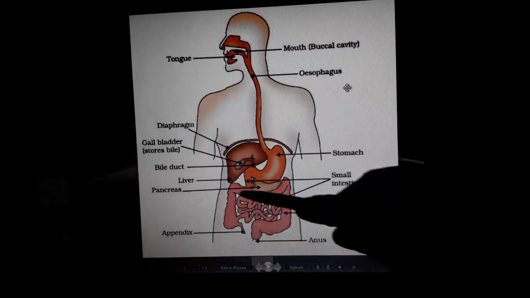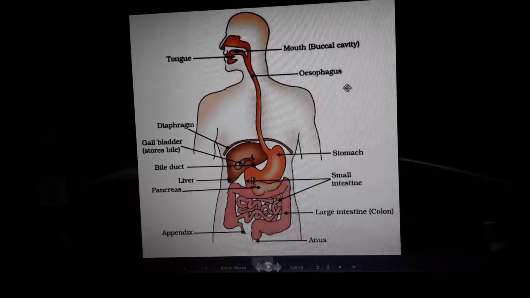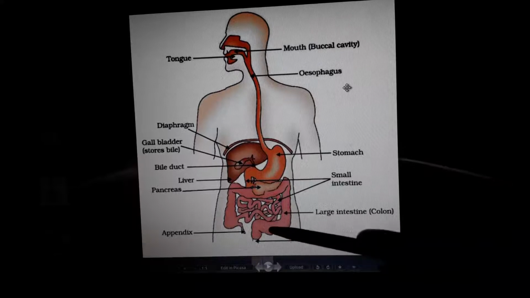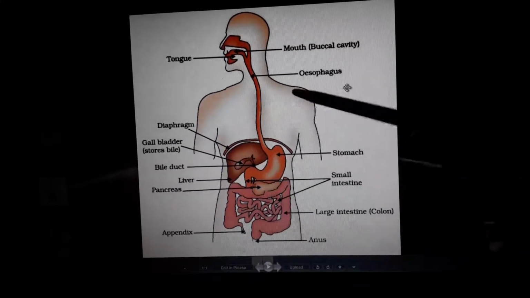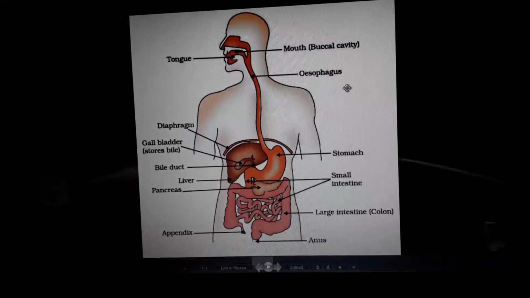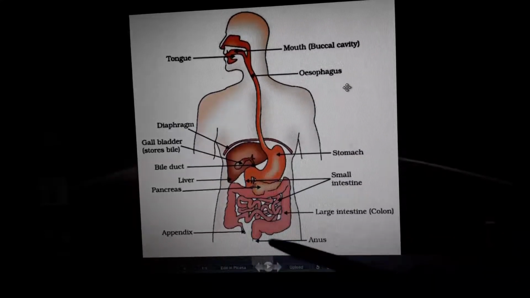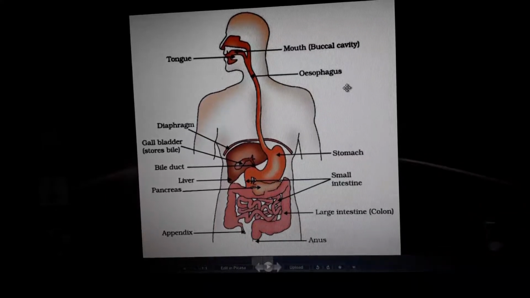The total length of the large intestine is 1.5 meters, and the total length of the small intestine is 6 meters. So the small intestine is lengthier than the large intestine. Then why is it called the small intestine?